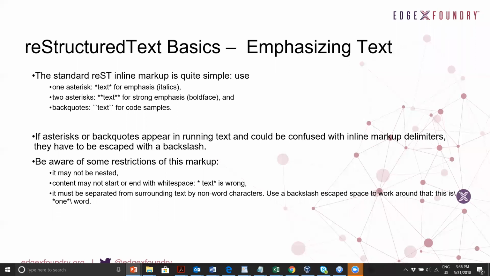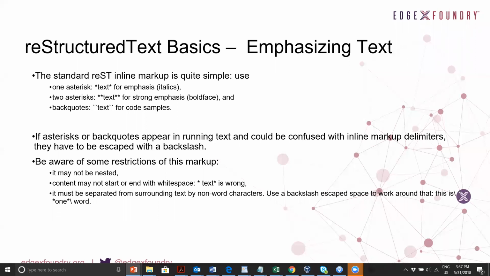Okay, so the final couple of markup elements that I want to cover off are basically how you emphasize things and adding comments to your files. So basically, to add emphasis or to make things bold or add things in italics, you can use asterisks.